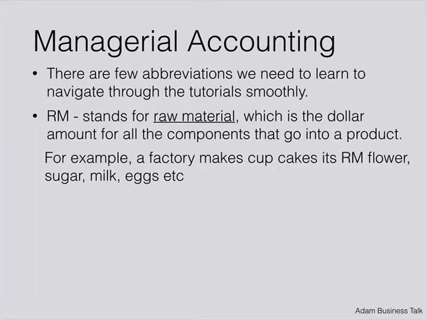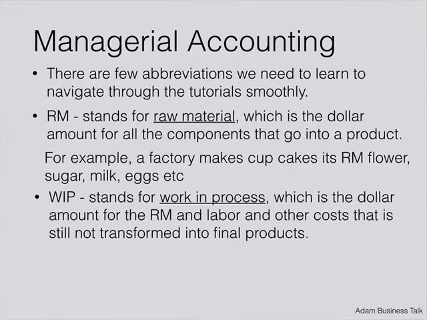So for example, I might buy 100 pounds of flour and put it in the inventory. It's going to go under raw material expenses. But direct material is, for example, I'm going to use only 2 pounds today to manufacture 100 cupcakes. So the 2 pounds are the direct material. The 100 pounds that are sitting in the inventory in the warehouse is the raw material.